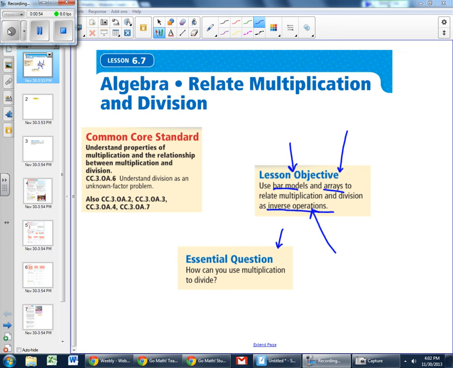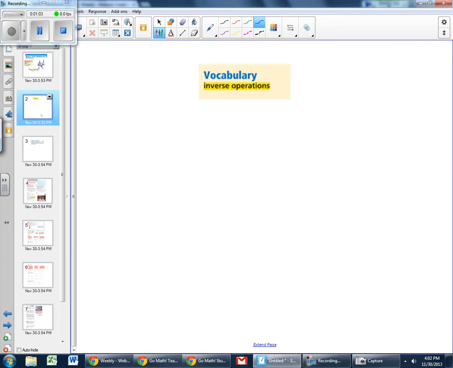Looking at our Common Core standard, we continue to work on understanding properties of multiplication and the relationships between multiplication and division, which is also a part of our essential question today. Looking at that vocabulary word of inverse operations, remember inverse is the same as opposites.